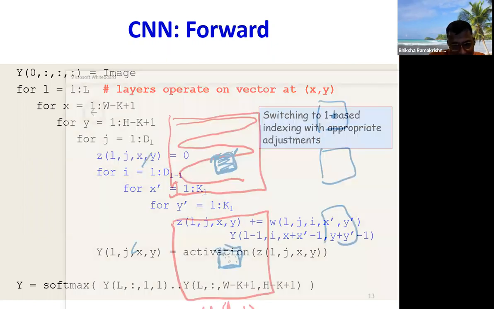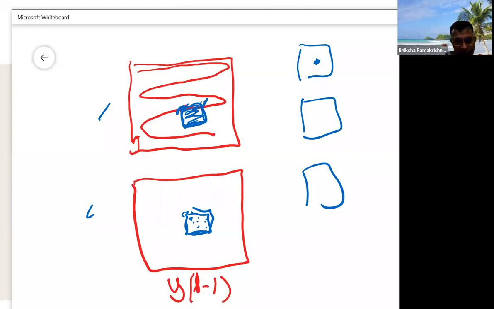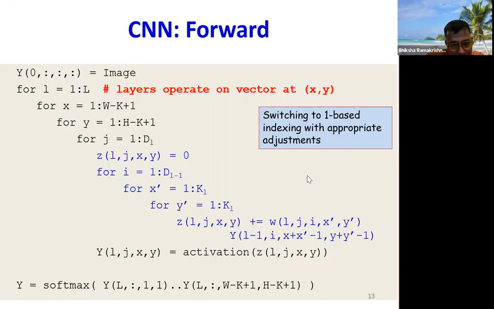So basically what's happening here is that you're going over these little maps. At each point, you're taking a component-wise product of the filter and the underlying map, and then you're adding all of these up to compute this one z value, right? So that's what this pseudocode is doing.